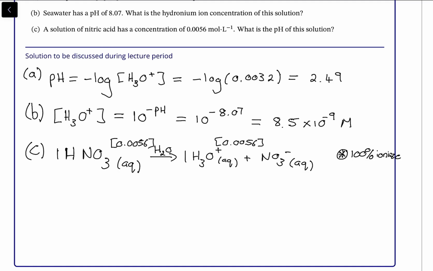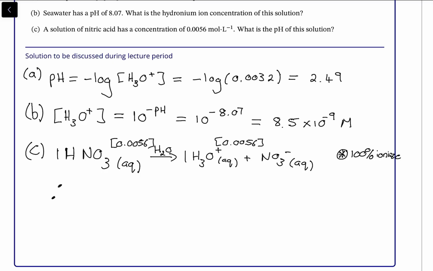That's what it is implying about strong acids. If it were a weak acid, it would be a bit more involved, and that falls outside the scope of this specific course. So strong acids fully ionize, and hence we can do this one-to-one relationship. The concentration of the acid will be equal to the concentration of the hydronium.